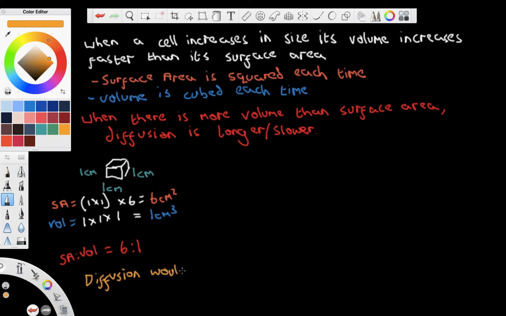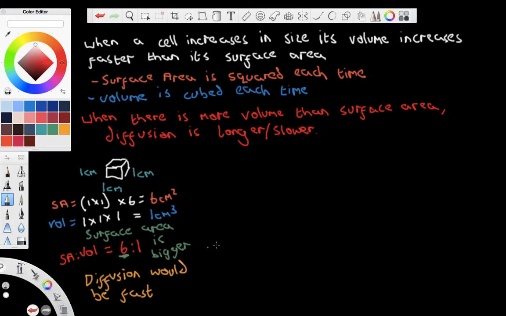And the reason we know it would be fast is because the surface area is bigger. So because the surface area is bigger, diffusion would be fast.